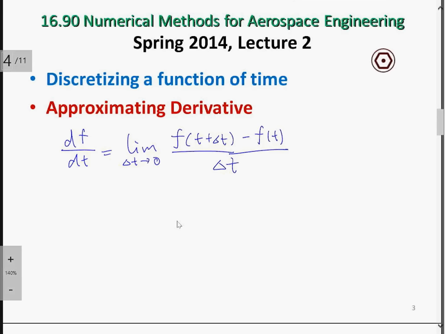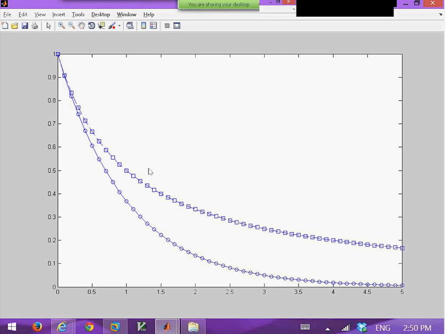Okay, so here we have a function like this. Let's look at this one, the one with squares. Each two squares is spaced over delta t on the horizontal side. On the vertical side, they are spaced by f2 minus f1, right?